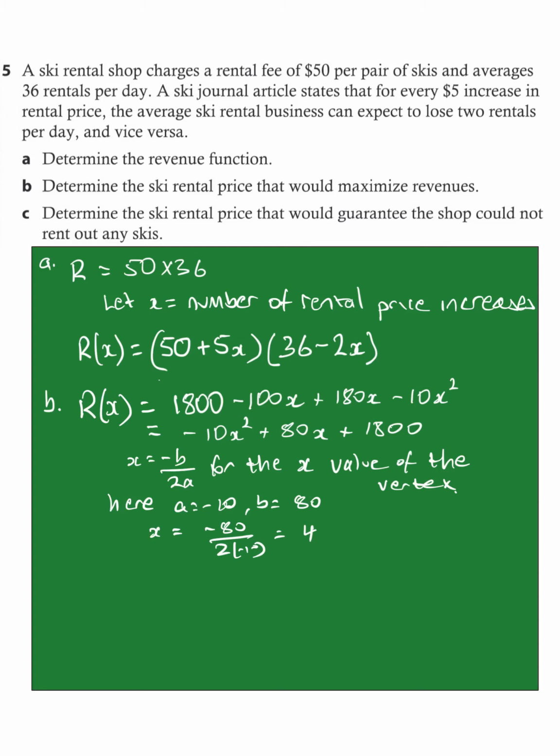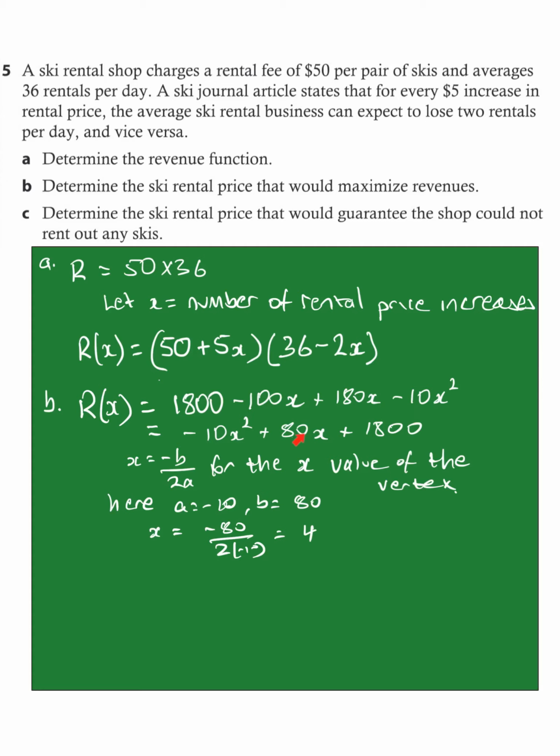So at x equals 4 is the maximum point of the function. We could put 4 back into the function to find the revenue, but they're not actually asking for the revenue.